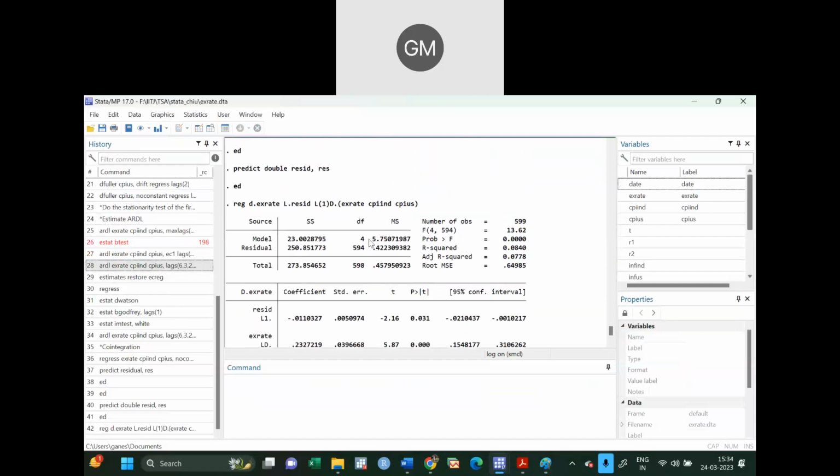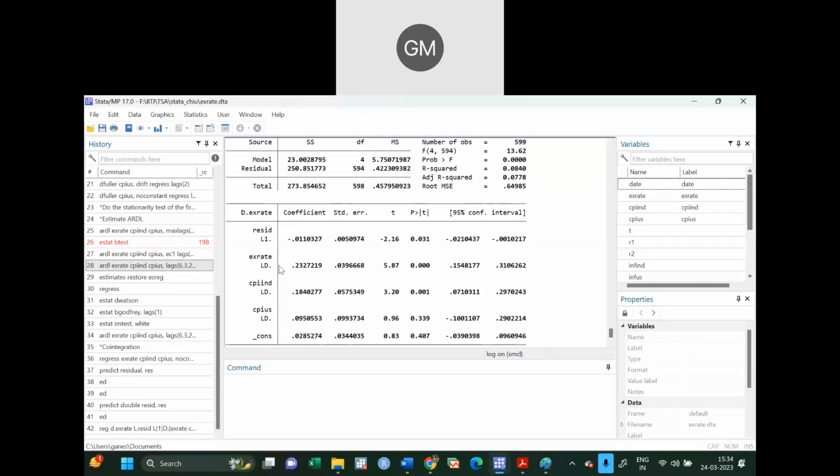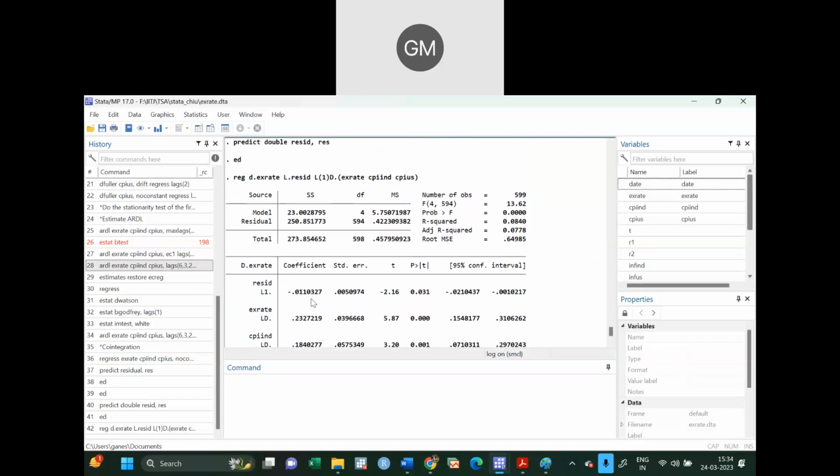What we did is regress the first difference of the exchange rate on the first lag of the residual, the first lag difference of the exchange rate, the first lag difference of the CPI India, and the first lag difference of the consumer price index of US.